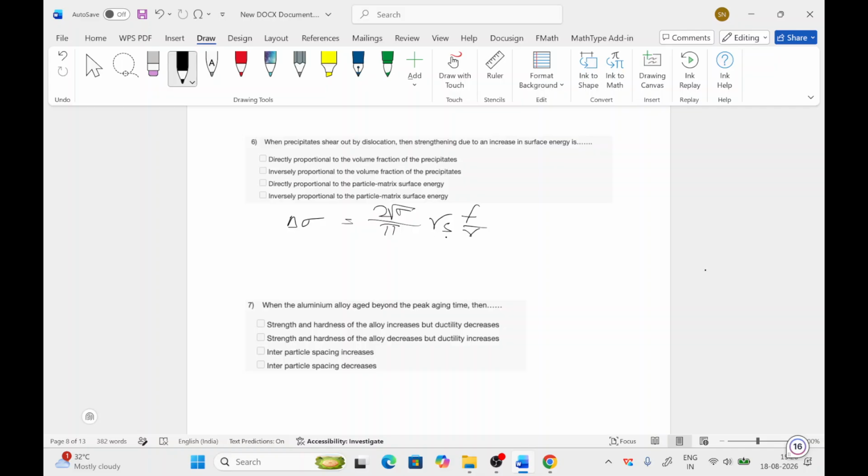Here gamma s is the surface energy between particle and matrix, and f is the volume fraction of precipitates.